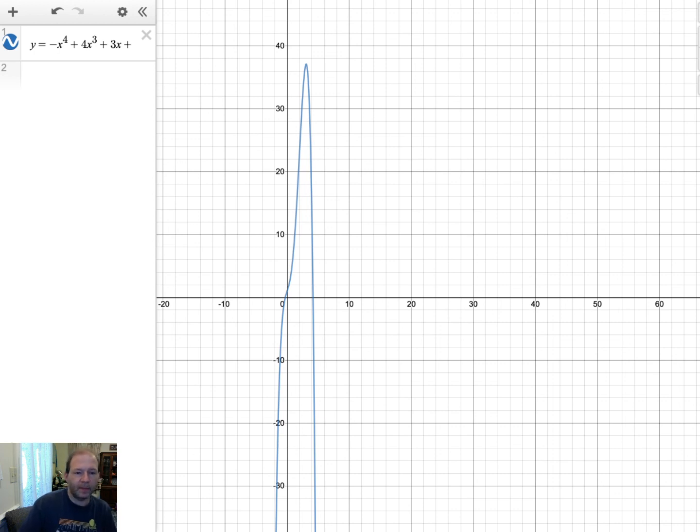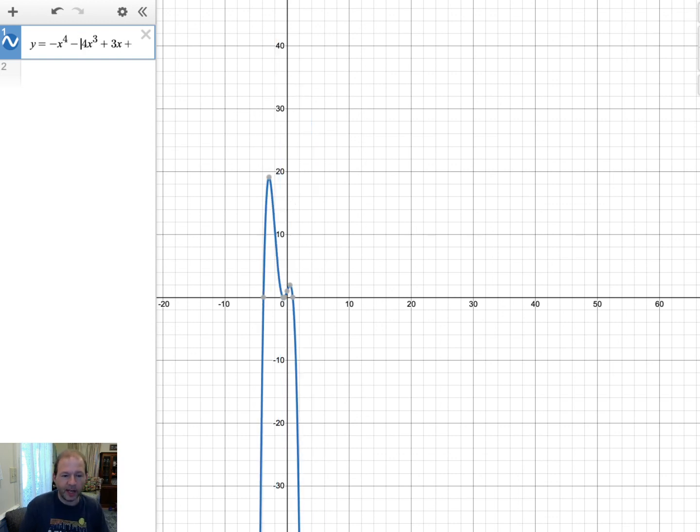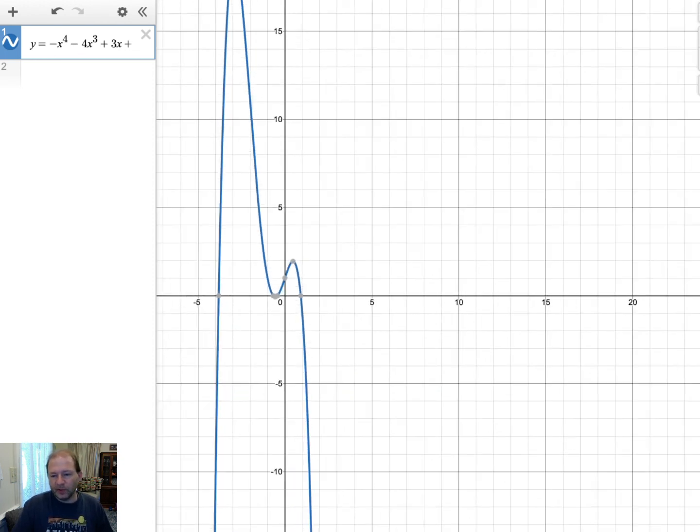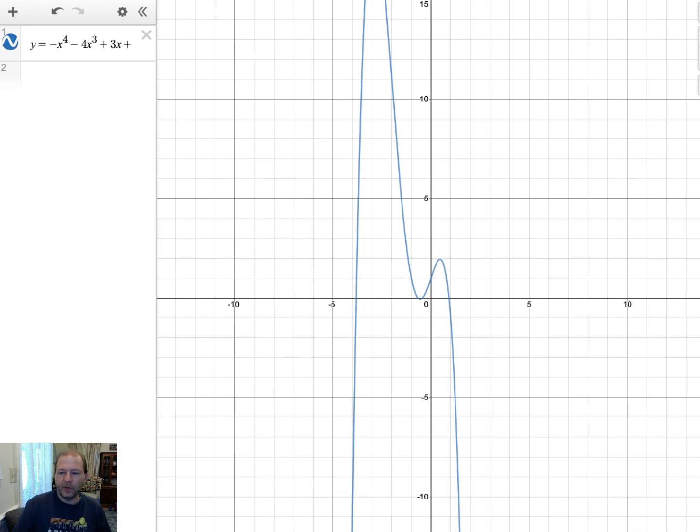But there are definitely places on there where you can draw a line and it touches it twice. Now, if I change some of these numbers to a different fourth degree polynomial, if I change this to a negative, notice we still get even more places where the horizontal line touches it more than twice.